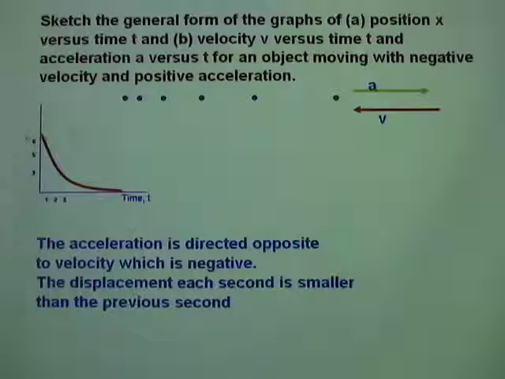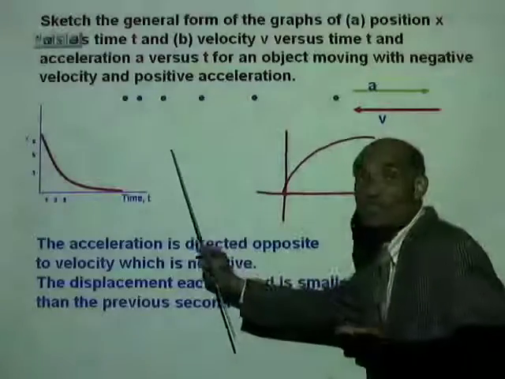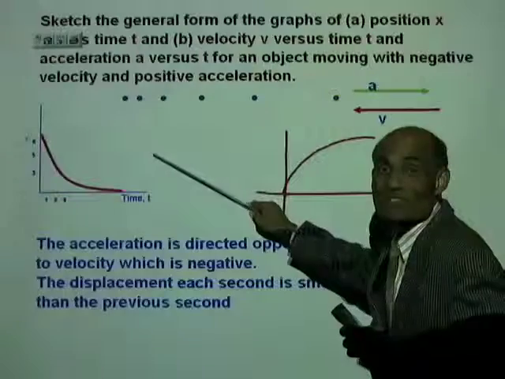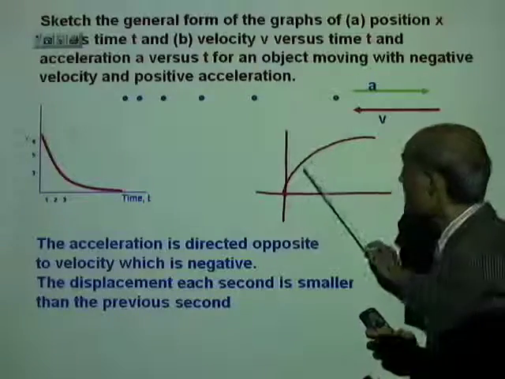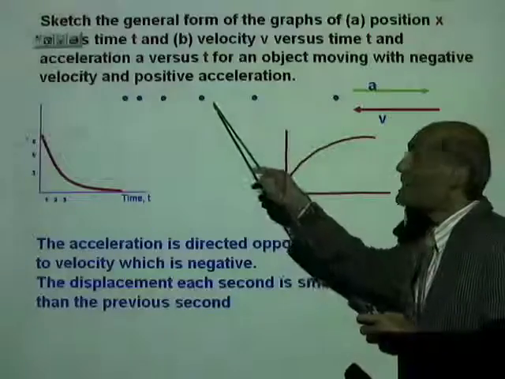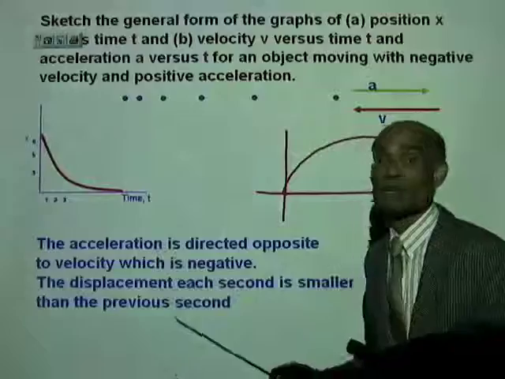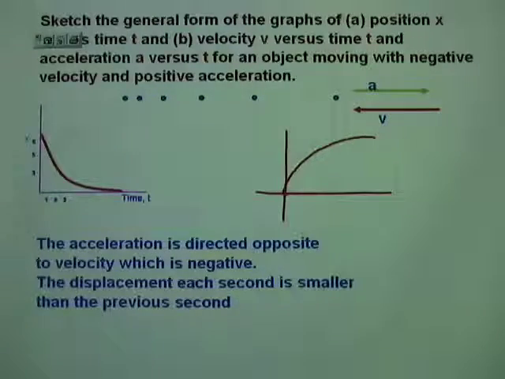You see, this is the graph of position against time for an object that is going to the right with a negative acceleration. You see that? Now, if you simply reflect it, it will give you the case here. If you simply reflect it, you get this graph. So this is the position against time graph.